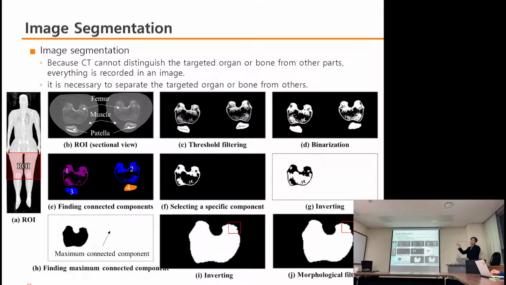Usually, image segmentation is performed manually, because it is very hard to know which part is bone or which part is muscle, because the resolution is very low, and even doctors cannot exactly distinguish bone and muscle. So it is very hard to segment an image automatically.